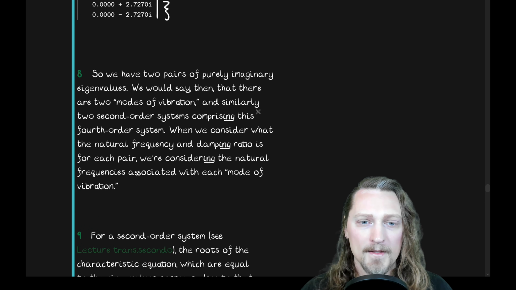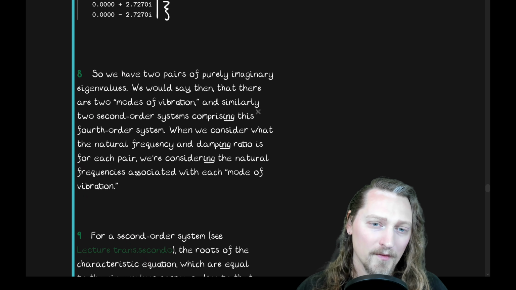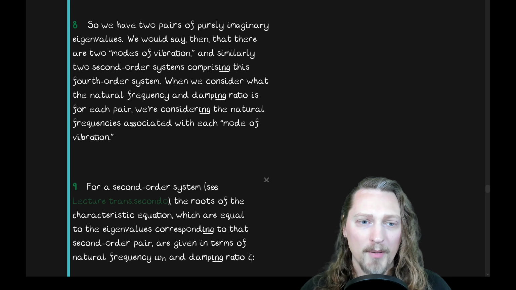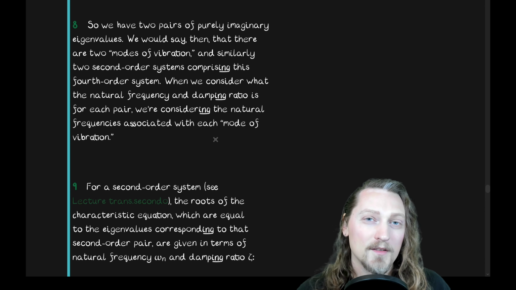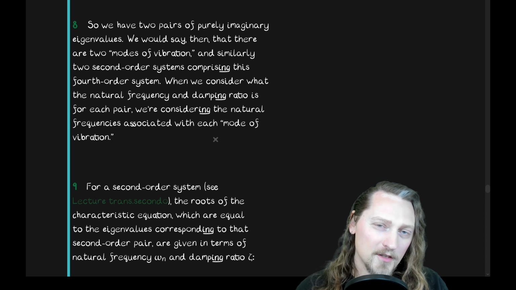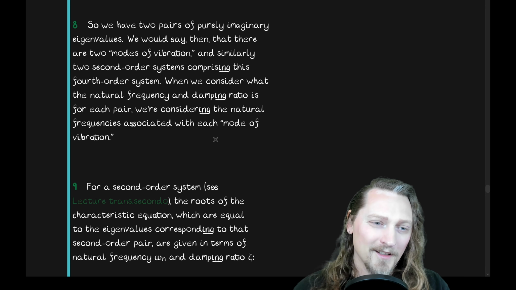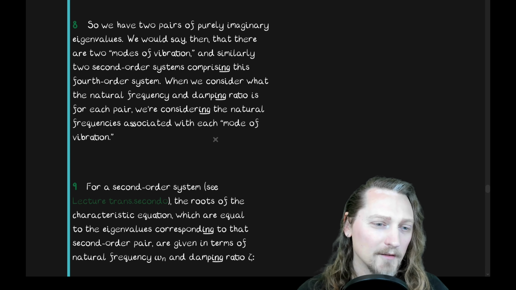Similarly, we could say that there are two second-order systems comprising this fourth-order system. When we consider what the natural frequency and damping ratio is for each pair, we're considering the natural frequencies associated with each mode of vibration. So this is really getting you a foot into, or maybe a toe into, the field of vibration analysis, which is built upon the field of system dynamics, which we're already swimming in, if you will.